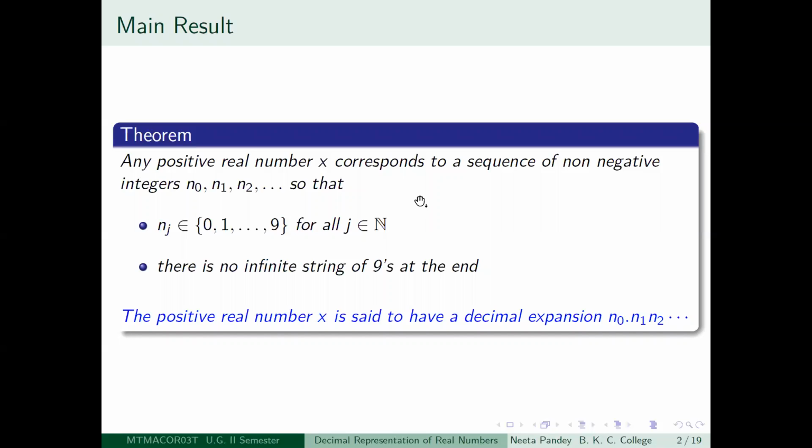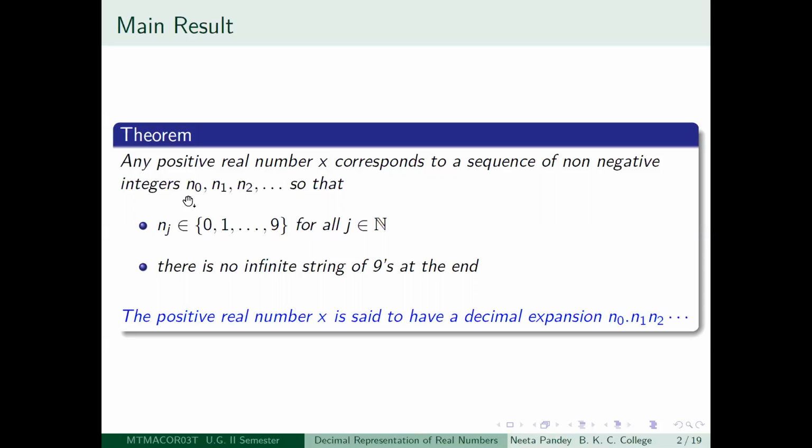What are the properties that these integers would have apart from being non-negative? First of all, n1, n2, etc., will all be integers between 0 and 9. So they will take only these 10 values. n0 could take any non-negative value, but n1, n2 onwards will take only these 10 values between 0 and 9.